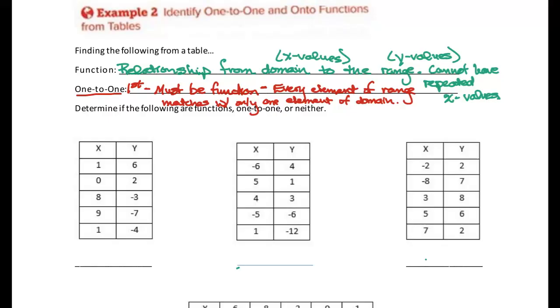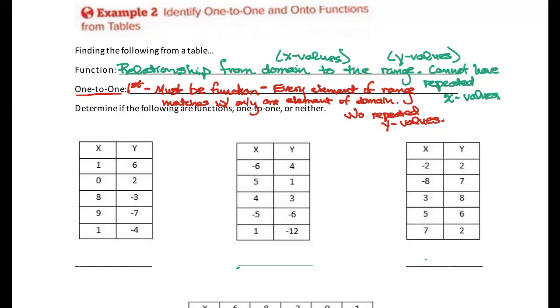And what does that mean? It means you have no repeated y values. With only one element of the domain.